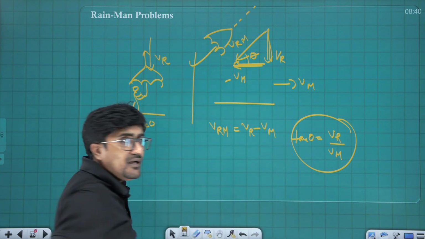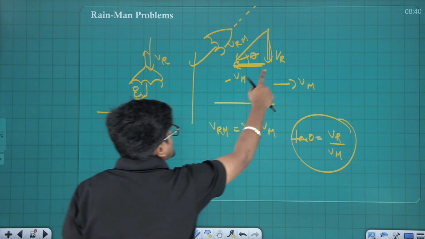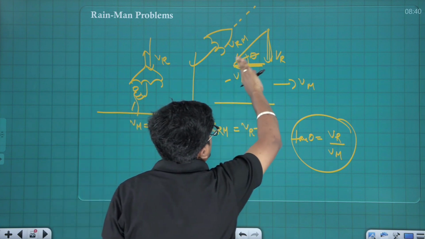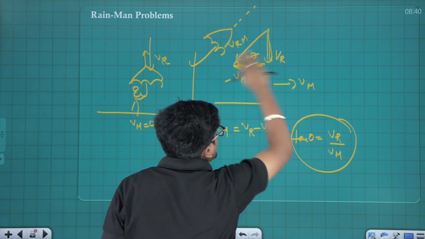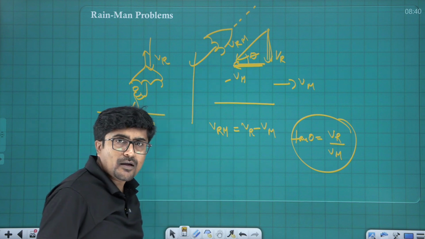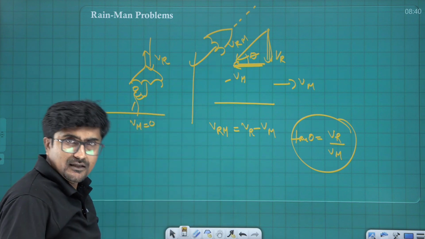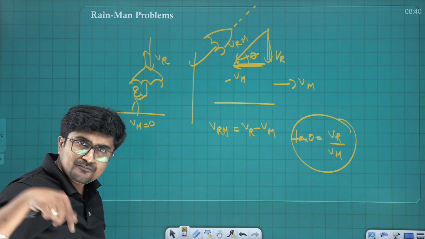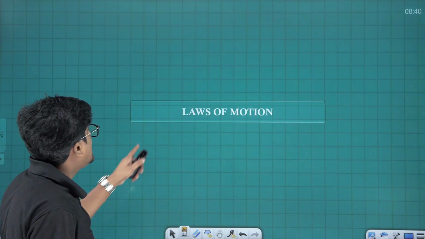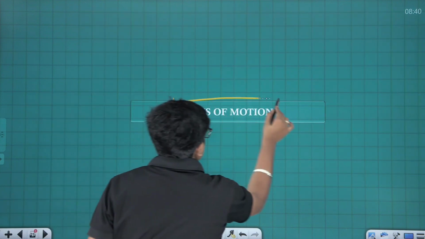There you get tan of theta. Now, if this person is moving in the backward direction, obviously Vm will be towards the right. So that is the standard case. Multiple cases are there. Fine, for that detailed classes are available on YouTube. So moving to the next, that is laws of motion.